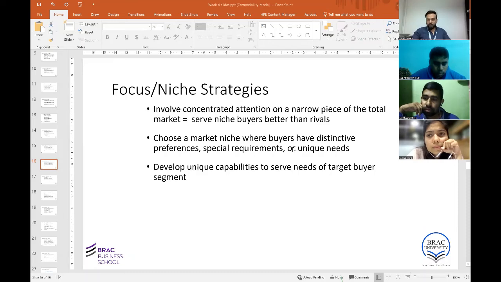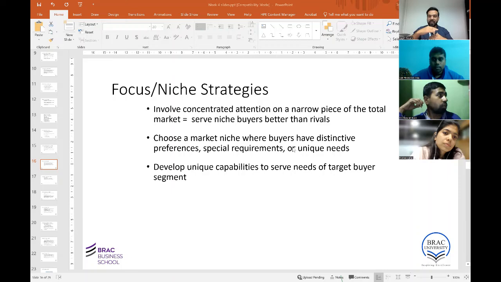See, we probably need to put a bigger lens here rather than small local businesses, because we are talking about strategic business units. We're talking about very large brands, and we haven't spoken about corporate strategy yet. That is something we'll talk about in our next class. So brands have their separate corporate strategies, but for their strategic business units, which are at the next level, they adopt either cost leadership, differentiation, or focus or niche strategies.